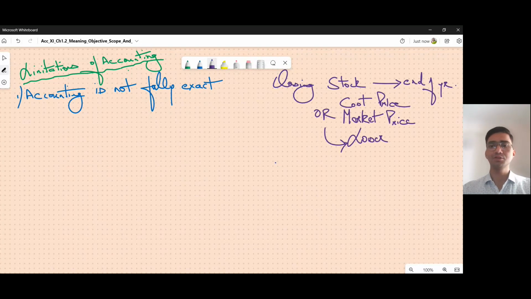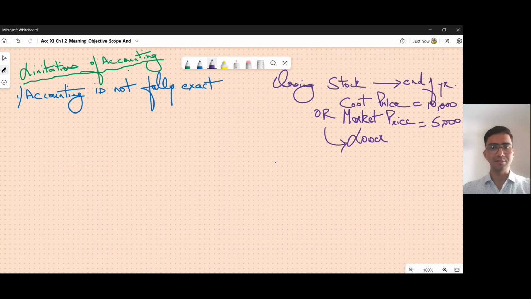So suppose the cost price of my closing stock, whatever goods I am left with, is 10,000 rupees. And today the market price of these same goods, market price means the price of these goods which I'm left with in the market, suppose the market price is 5,000.